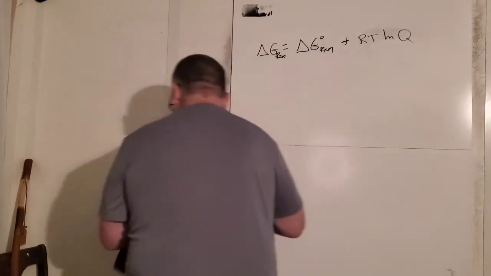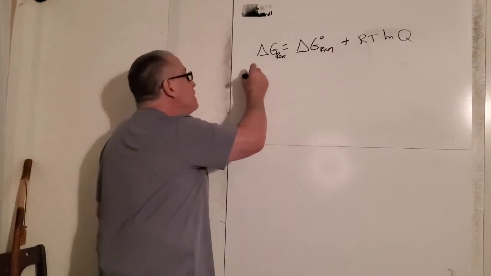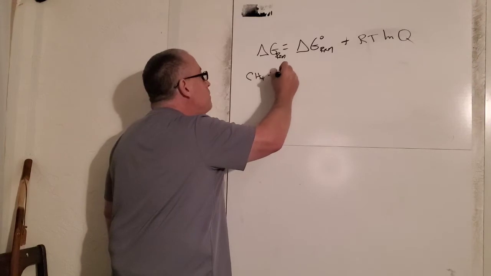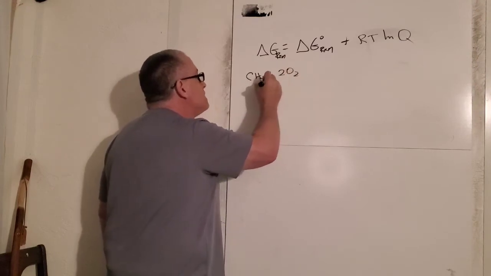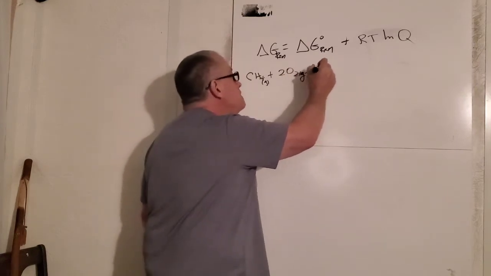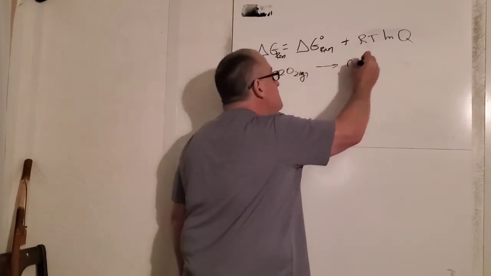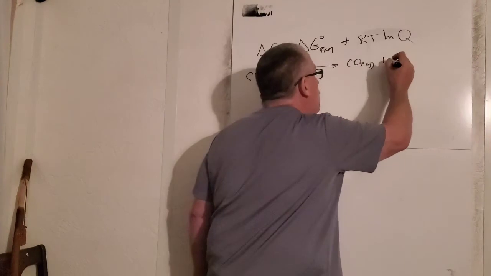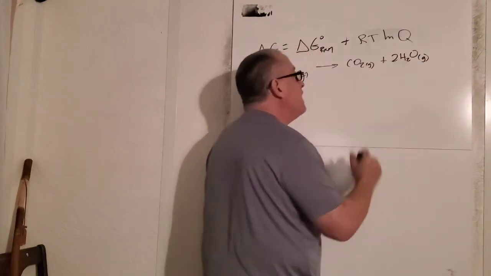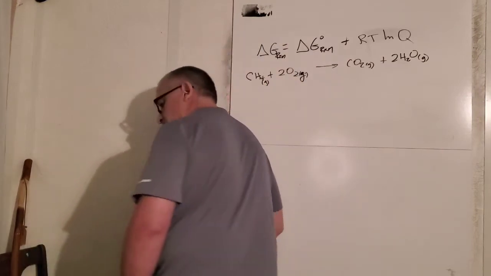Suppose I have this reaction here, CH4 plus 2O2. Oh, this is the phases really mattered. 2O2 makes CO2 plus H2O, and in this case it's going to be in the gas phase, not the liquid phase.